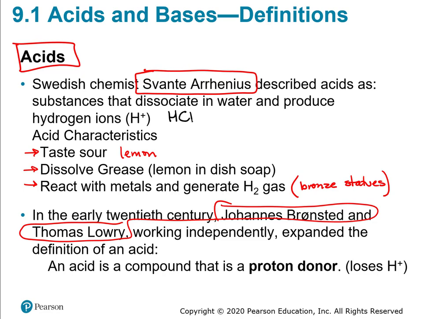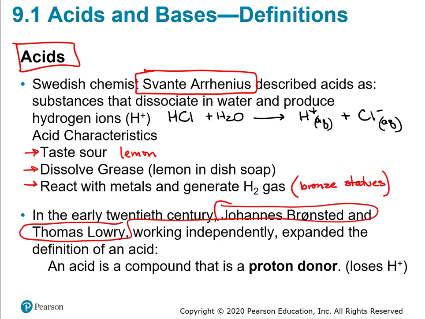So if you take HCl and you put it in water, it ends up forming H+ aqueous. Those H+, they call those hydrogen ions. And then the chloride ions are there too. So when we're talking about hydrochloric acid, sulfuric acid, nitric acid, all of those produce those hydrogen ions. So he was like, yeah, that's how we define them.